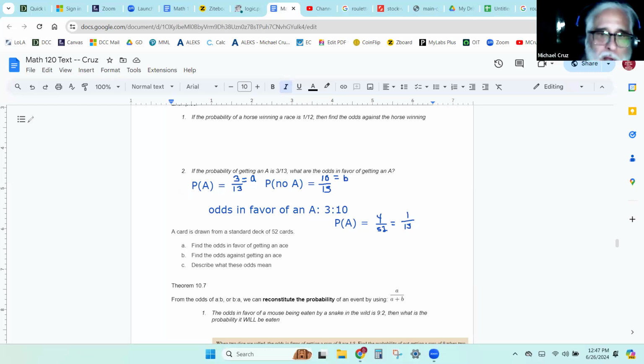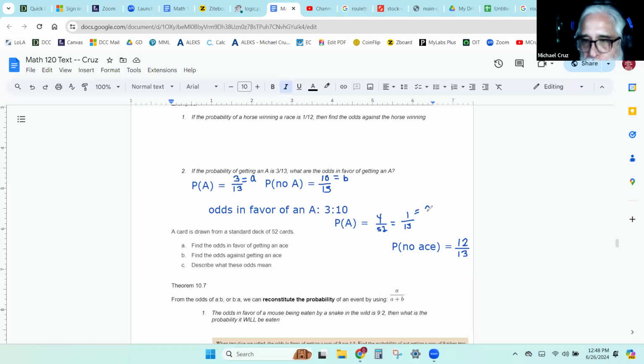So, probability of no ace. Well, again, 1 from 13 gives us 12. So 12 out of the 13 cards are not aces.